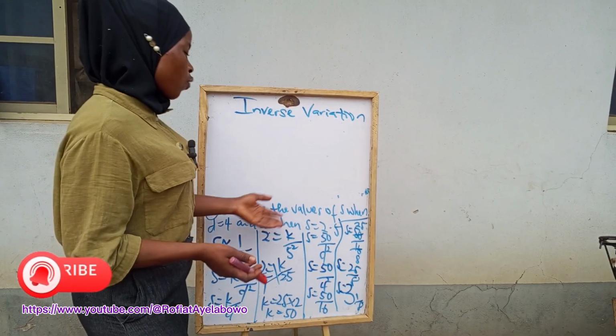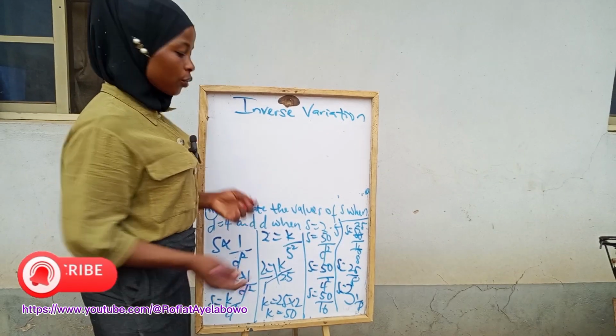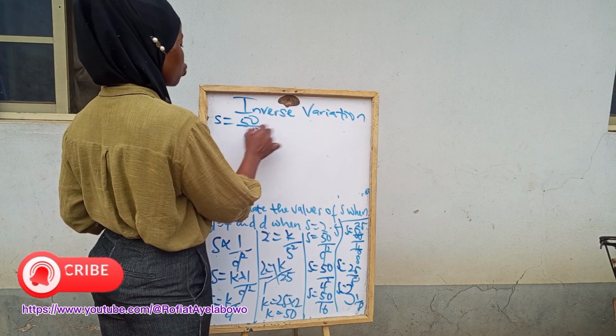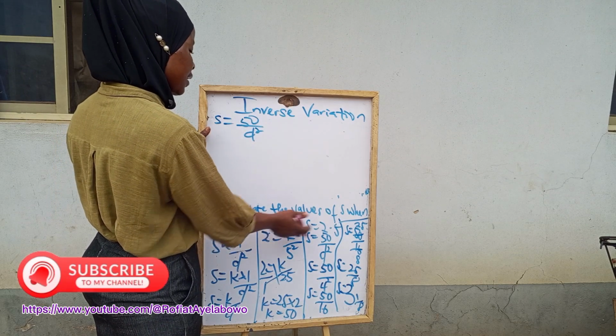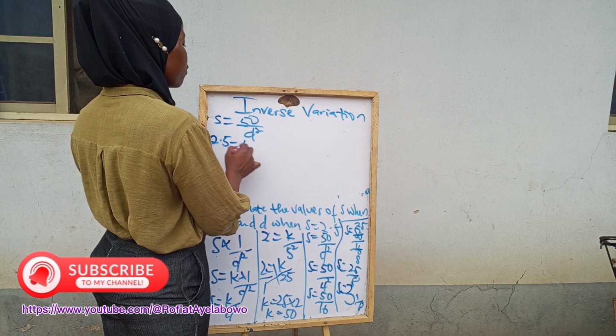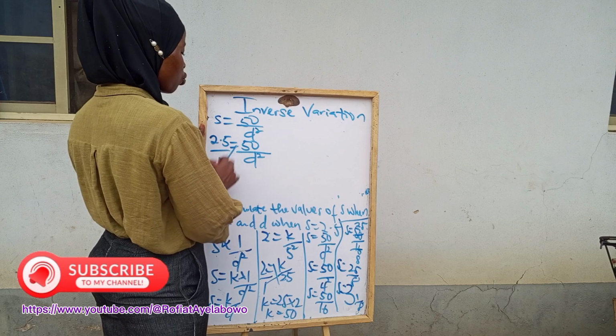Let's find d when s is equals to 2.5. We are still going to make use of our formula. S is equals to 50 over d square. S is equals to 2.5. We have 2.5 is equals to 50 over d square. This is over 1. Cross multiply.